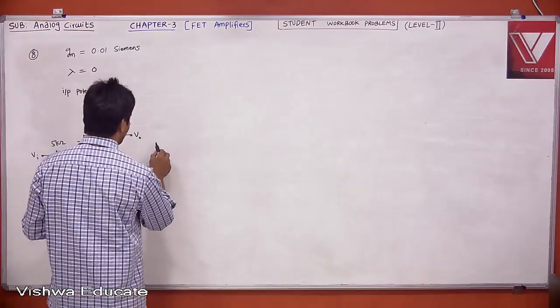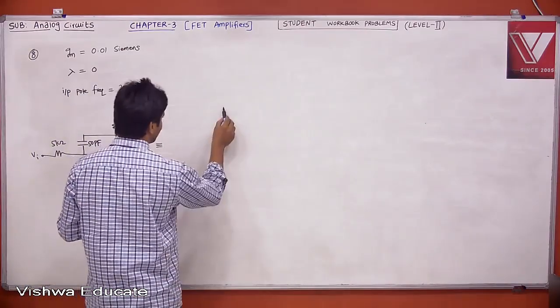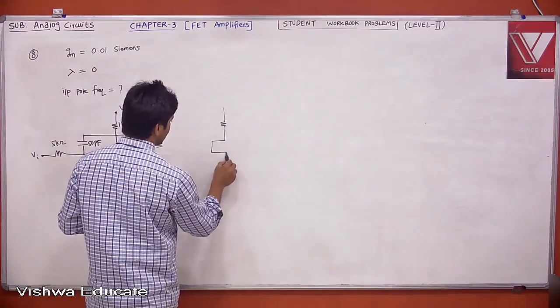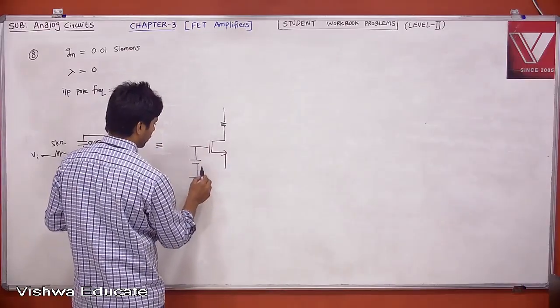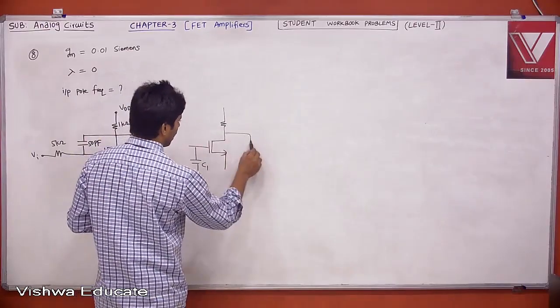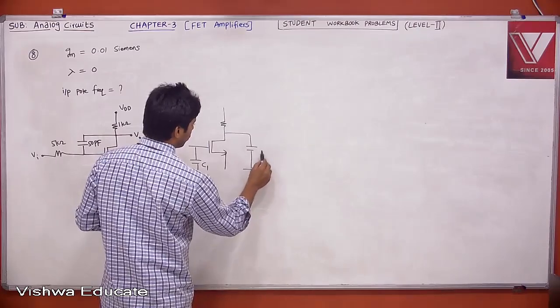Equivalently, after applying the Miller effect, if I redraw the circuit, this is the capacitor, let us say C1, and you will get C2 due to the Miller effect.